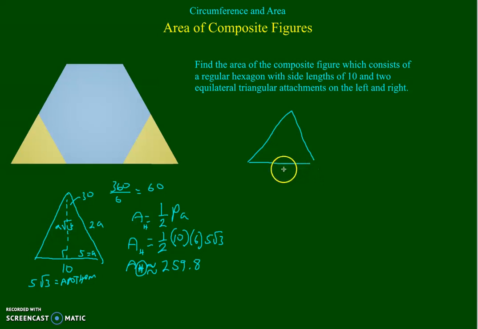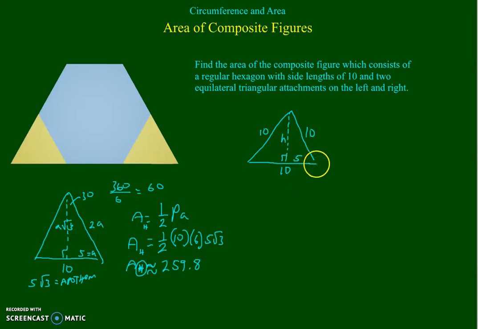We know that the side lengths are 10, so this is 10, 10, and 10. Now I'm going to put in the altitude here because I know the area of a triangle is 1/2 base times height, and that value is the height. Well, if this is 10, then this has to be 5.